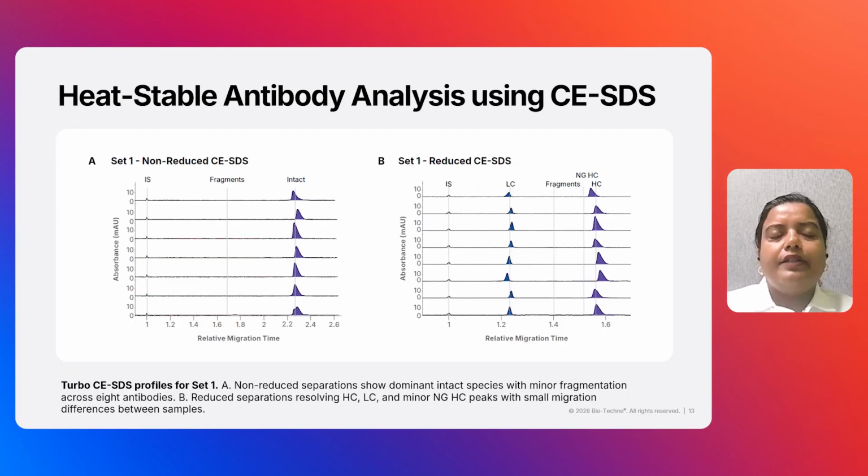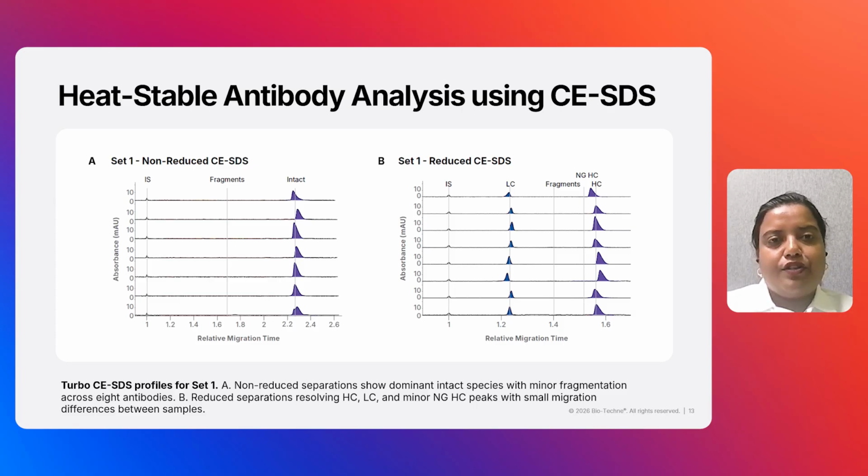In this study, the antibodies were expressed in HEK293 cells and purified by protein A magnetic beads. For more method details, please do refer to this application note. Then, these samples were further analyzed on Maurice for size and charge heterogeneity.